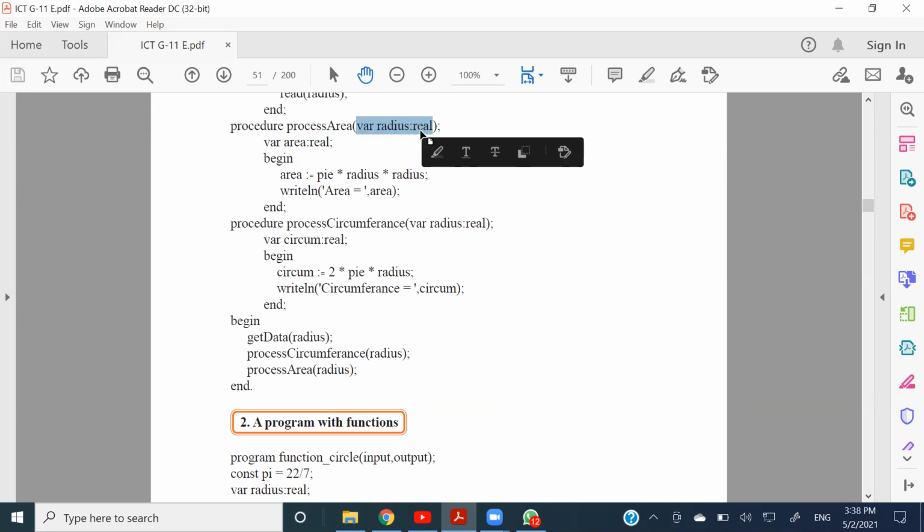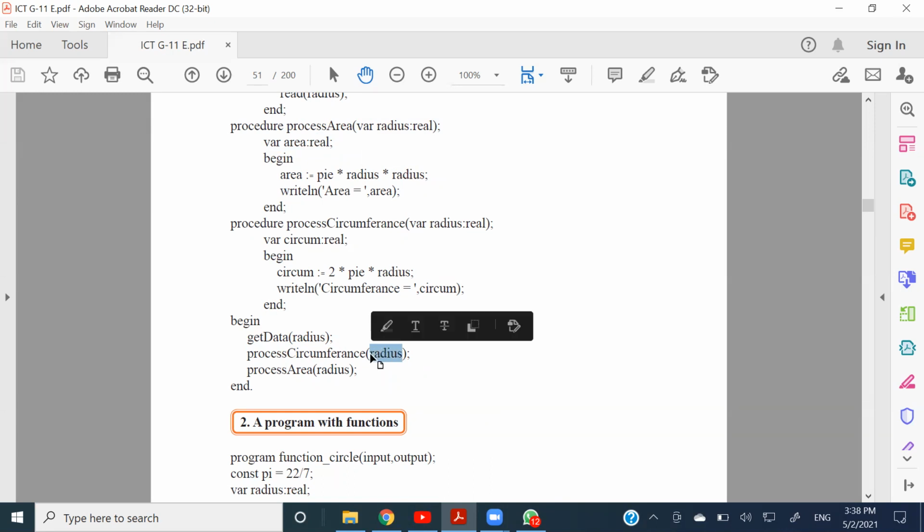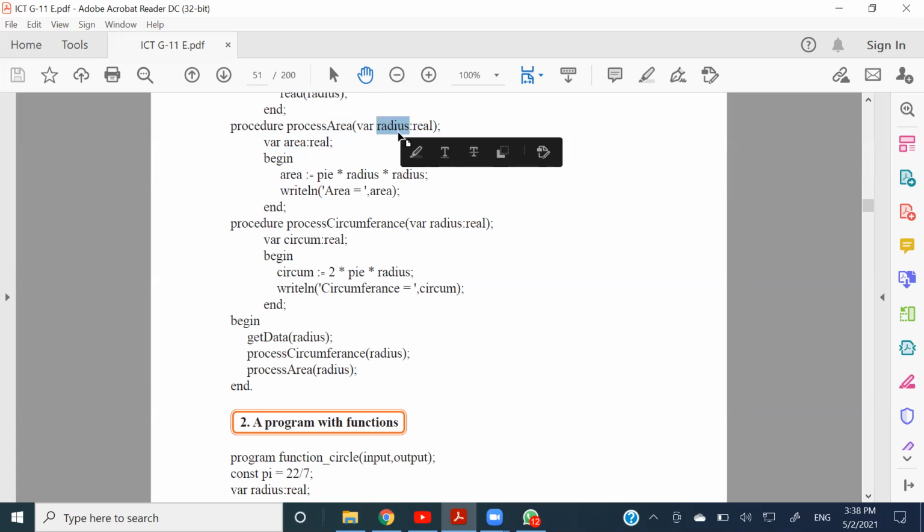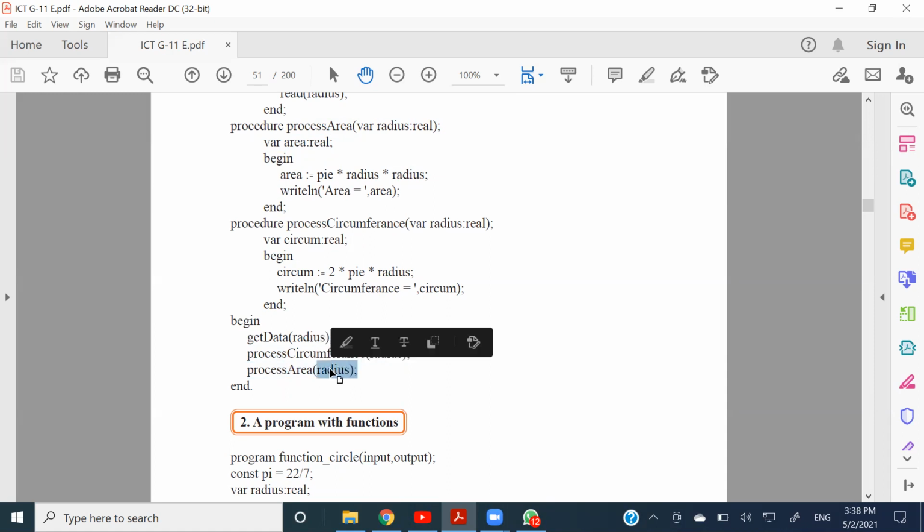Now, if we introduce a parameter list, when we call a particular function or procedure, we have to pass some values with the calling function. The process area procedure got one variable, and when we are calling that process area, we have to pass some value.